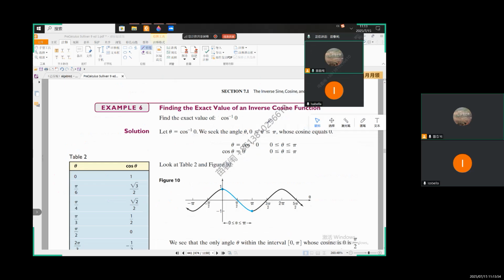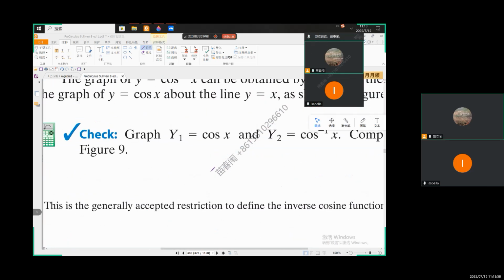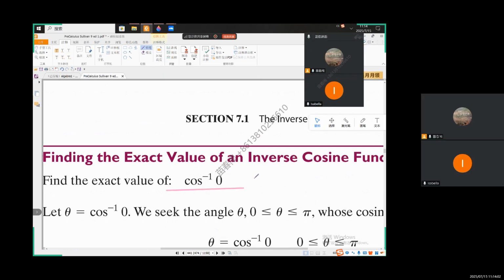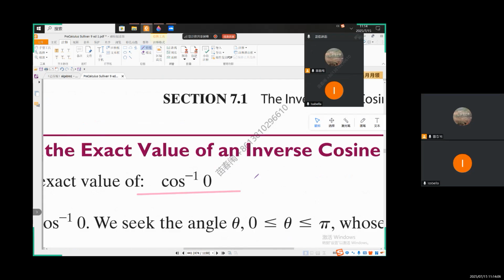Let's do 6 then. Find the exact value for this. Okay, so that would be 1, I think.